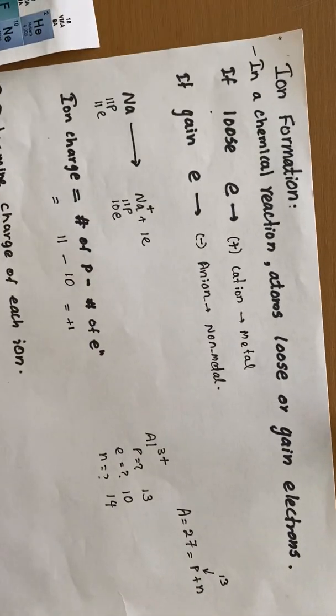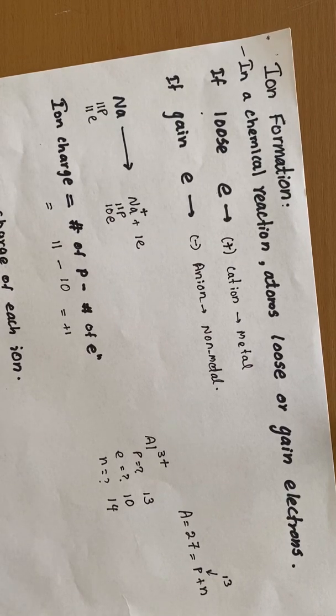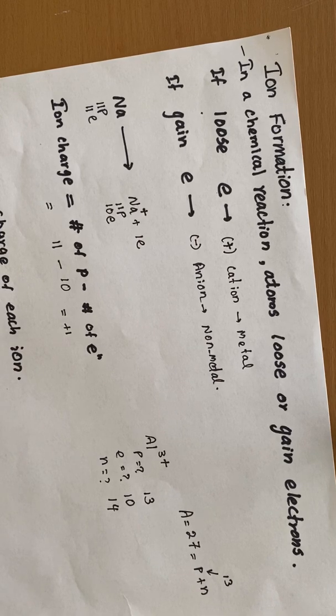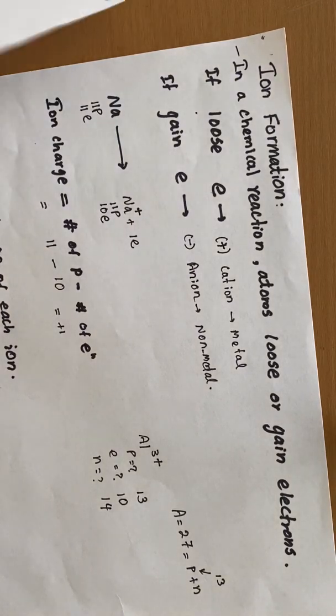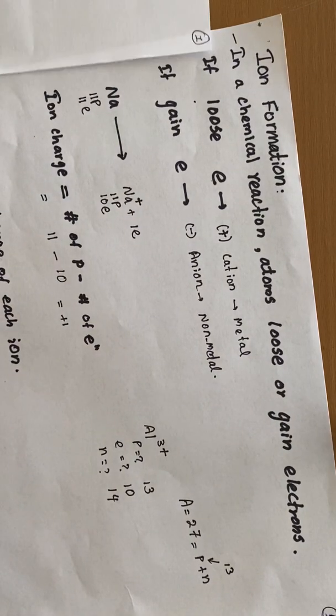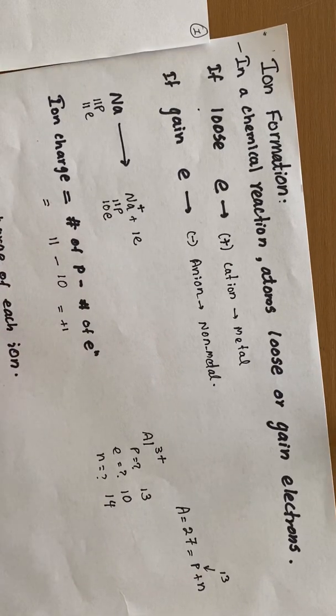Let's do this example now. Determine the charge of each ion. Phosphorus ion with the 18 electron. Let's take a look. Ion charge equation, number of proton minus number of electrons.